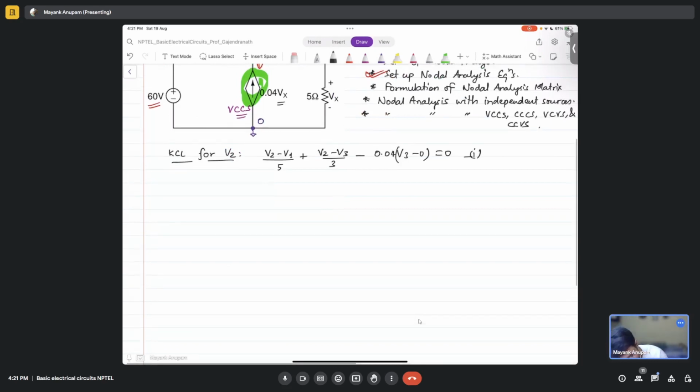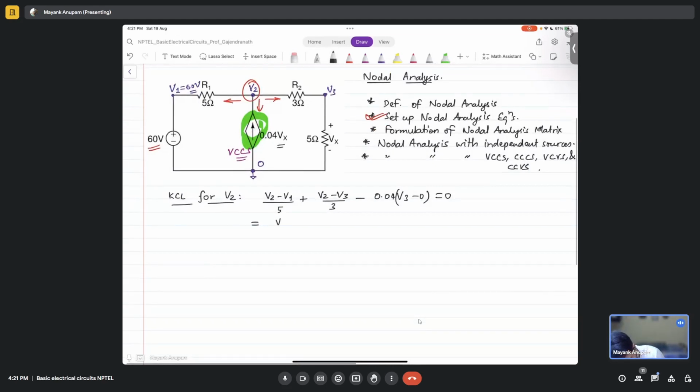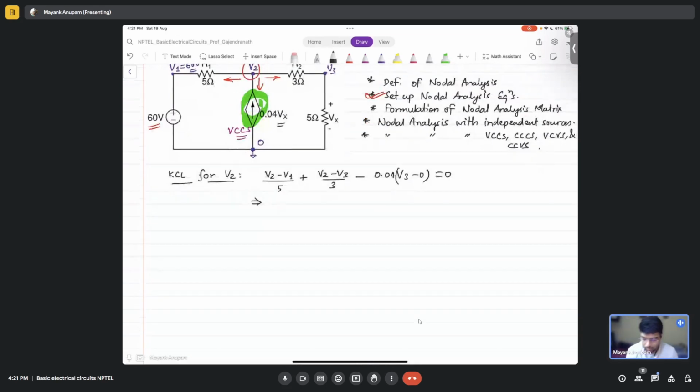Let me write it in a slightly more formal way. Let's collect all the V1, V2, V3 terms together.